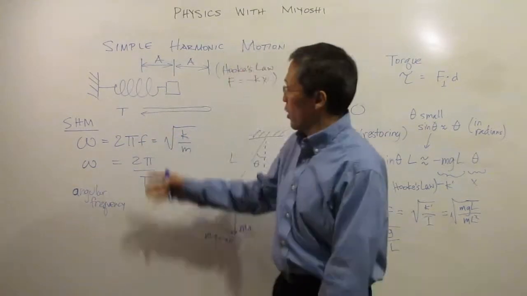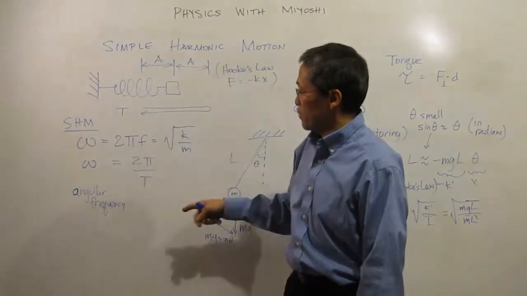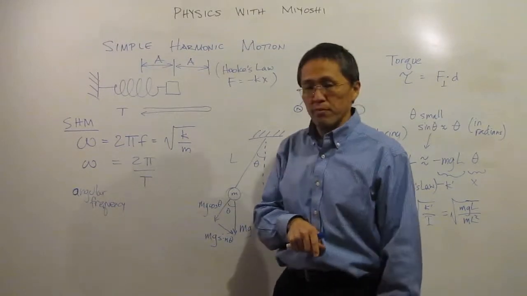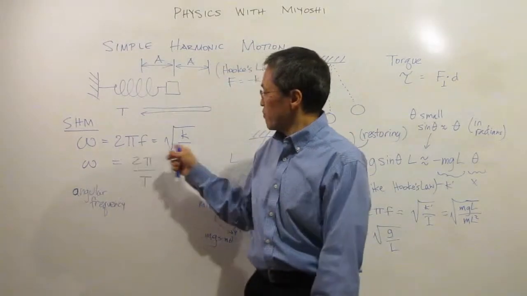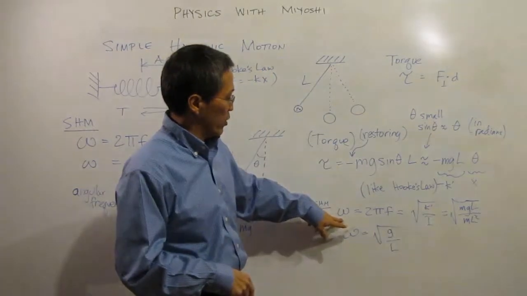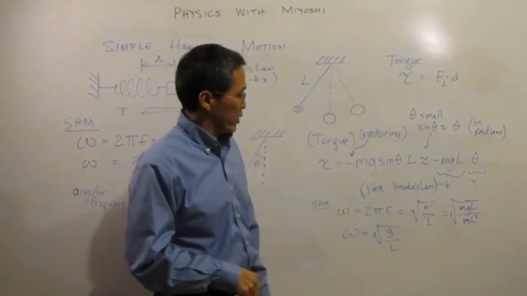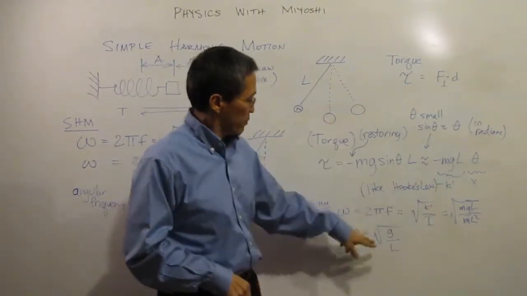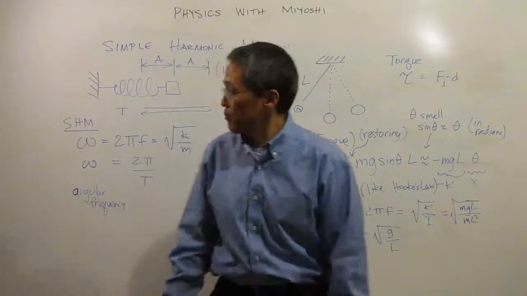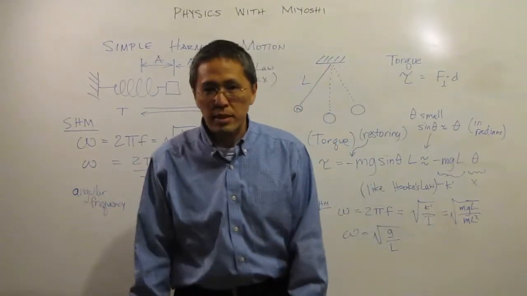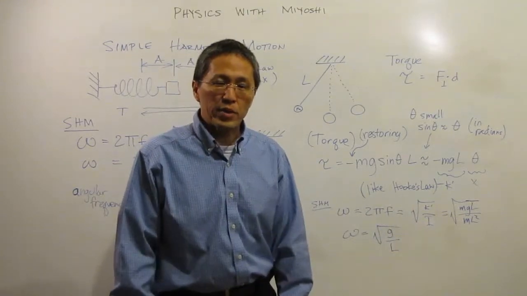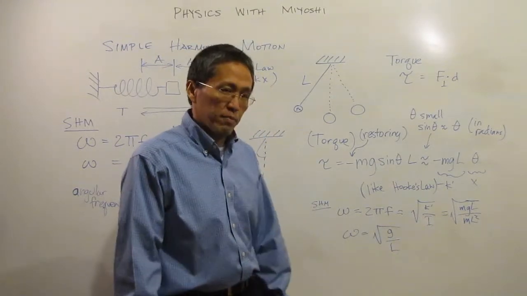So for simple harmonic motion with springs, we have omega as the square root of k over m, and we have the same kind of analogy for the angular frequency of a pendulum, the square root of g over L. There's lots more to simple harmonic motion, but here are the beginnings and a little more explanation of some of the math and how we get to the pendulums.